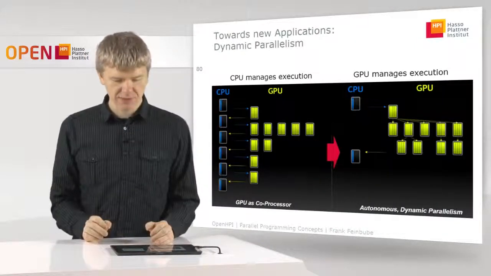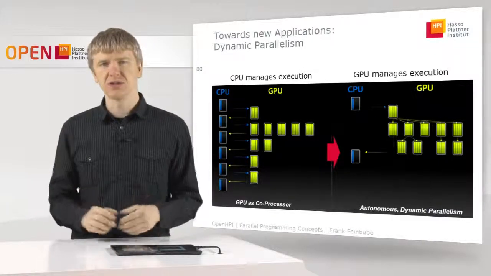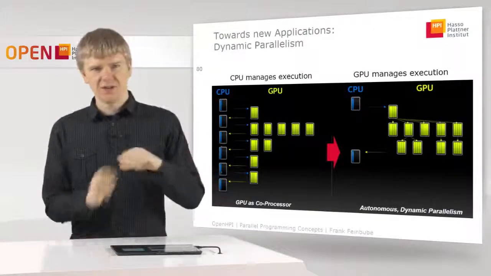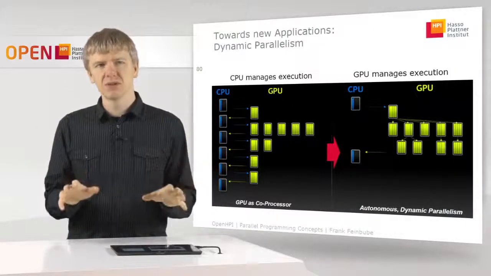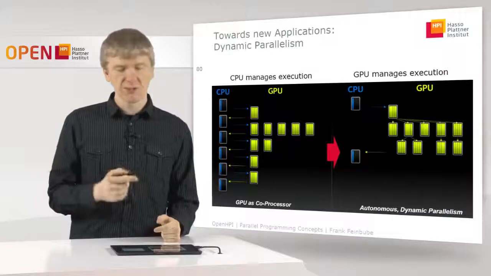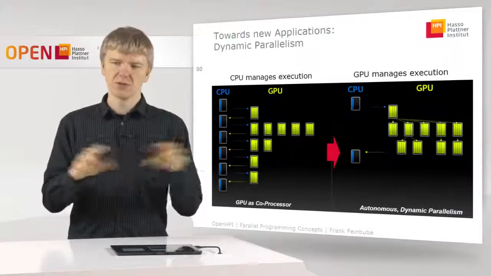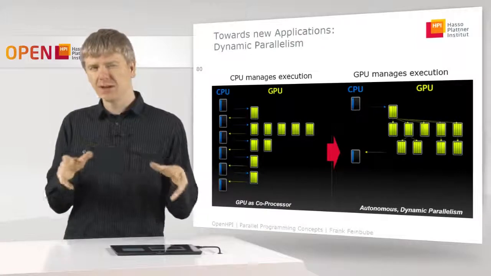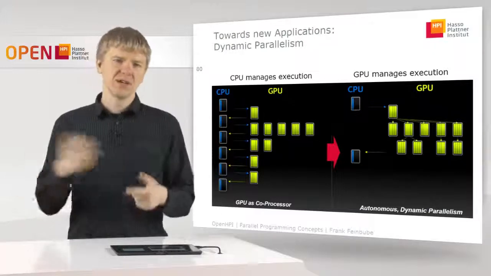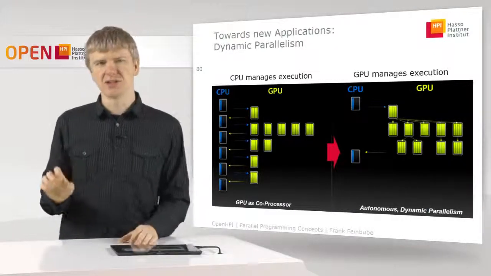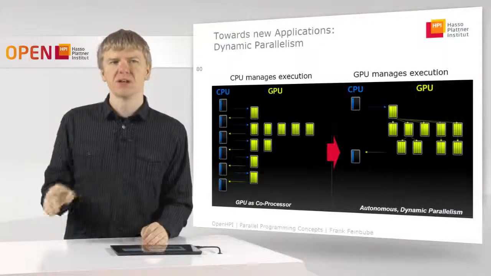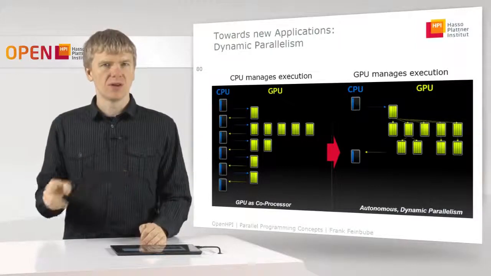And especially what we had to do in order to achieve this currently was to start a very coarse-grained grid on the GPU from the CPU, then get the results back to the CPU, then the CPU decides, oh well, we have to do more, and it creates a finer-grained grid and lets the GPU execute it, and afterwards it has to analyze this result again in order to see where there's still work to do, and then it creates a new grid on the GPU, and so on and so on. So there's always this communication between CPU and GPU all the time.